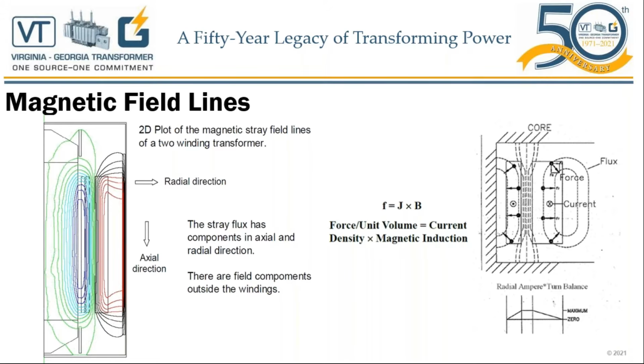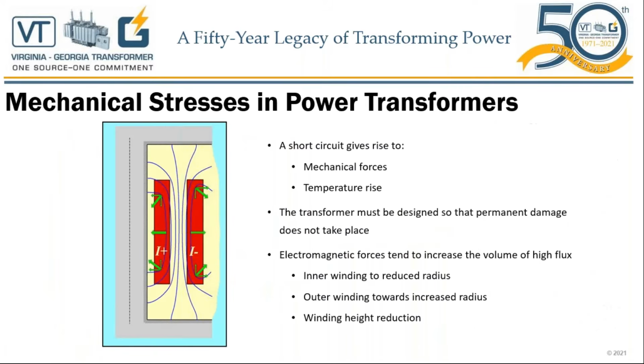Now we're going to start getting into what happens when we actually create a short circuit in a transformer. What does a short circuit or a fault do to a transformer? It increases the mechanical forces and even the temperature rise. Think about the simple formula.